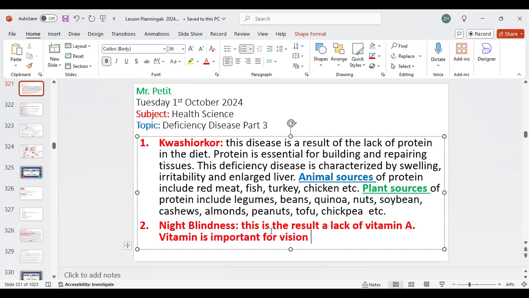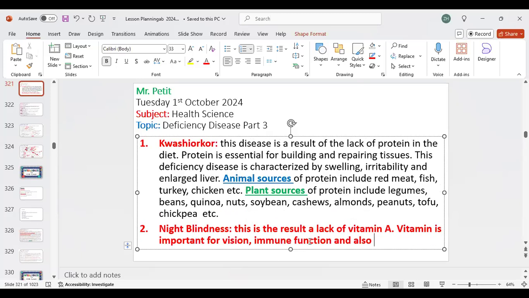That means for seeing, so you need to be able to see. For vision, for immune function, so it helps with your immune system, and also for skin health as well.